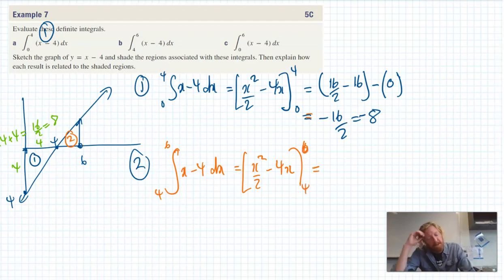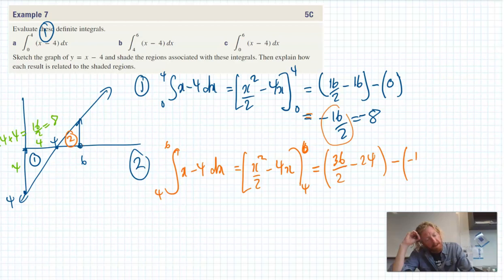If I put the 6 in, I'm going to get 36 on 2 minus 24, minus, well, this guy here, if I put the 4 in, that's 16 on 2 minus 16, the same answer as I got there, which is minus 16 on 2.